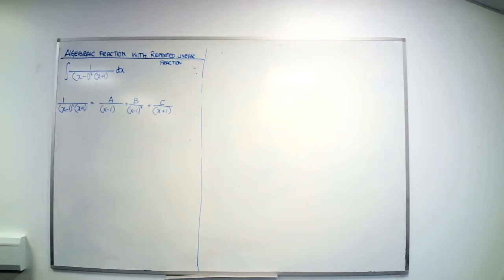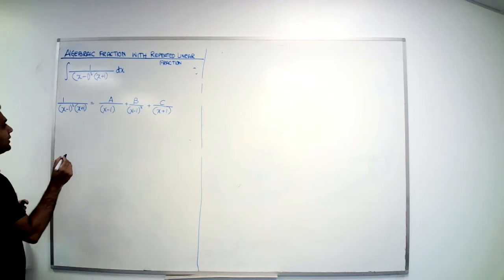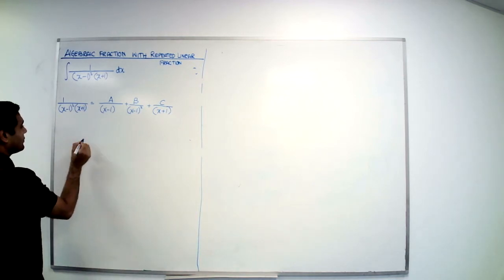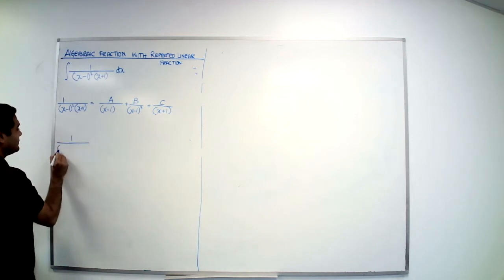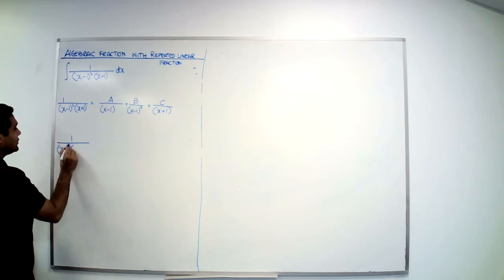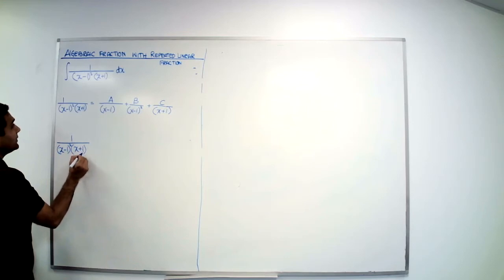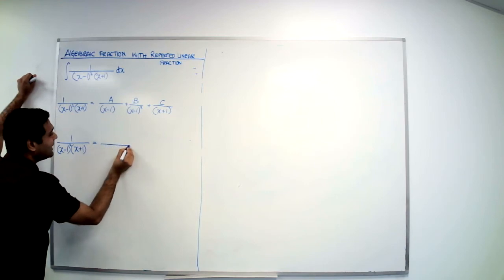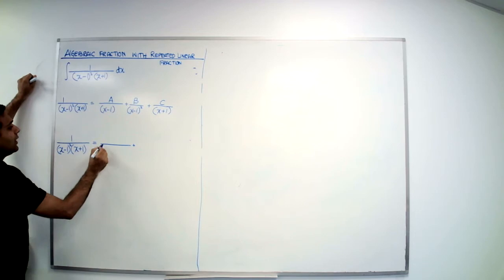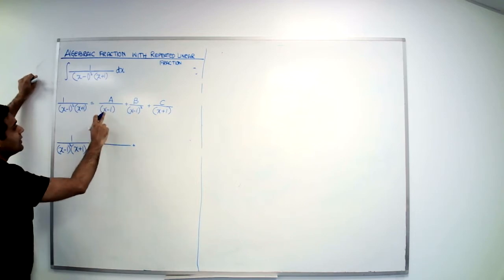As a first step, I will make all the denominators the same, so that I can cancel the denominators. The denominator is x minus 1 squared and x plus 1. What is missing for the A term?